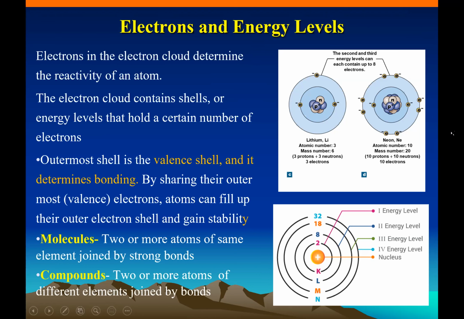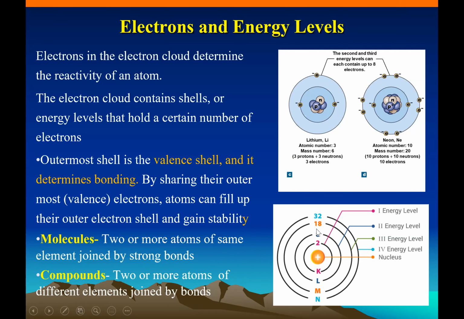The electrons that are found in the outermost shell are called valence electrons, and they determine the reactivity of the atom. By sharing the electrons in the outermost shell, or by gaining or losing an electron, all atoms are always striving to be stable.